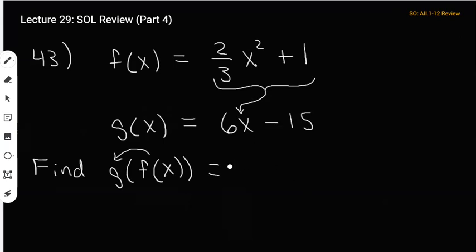So let's start off with g of x. We're going to start off with a 6. Next to it, I'm going to put the entire function f of x, which is 2/3 x squared plus 1. Close it up, and then we're going to subtract 15 at the end.